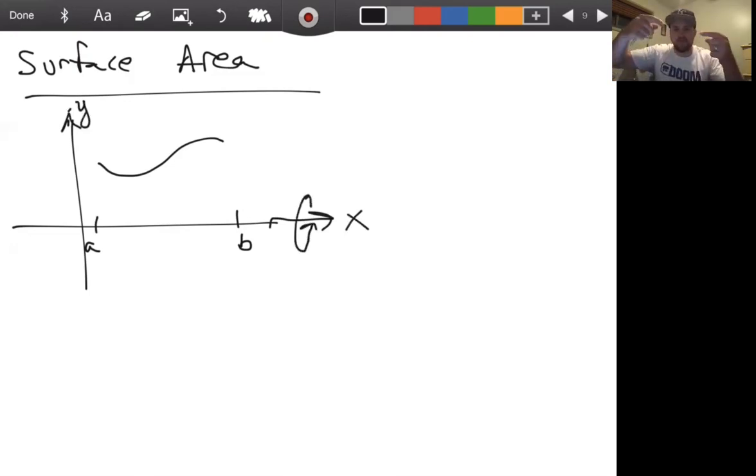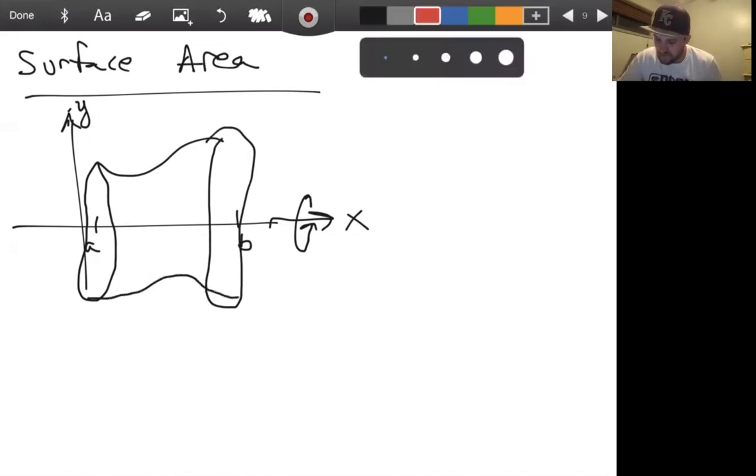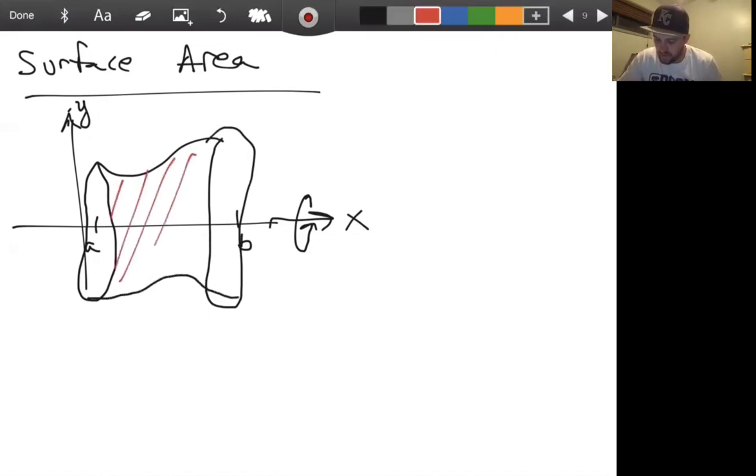Kind of taking a string and wrapping it around. And you see what solid this would give you. If we rotate this around the x-axis, we get something like this, where this is a three-dimensional shape, and this in red is kind of the front. And then you can imagine this goes around to the back side, and then it's like a warped Pringles can or something.